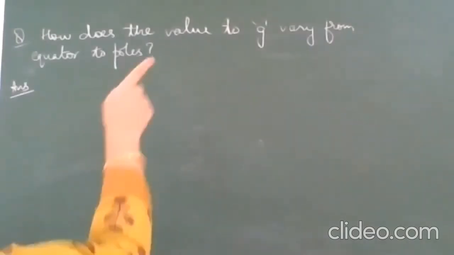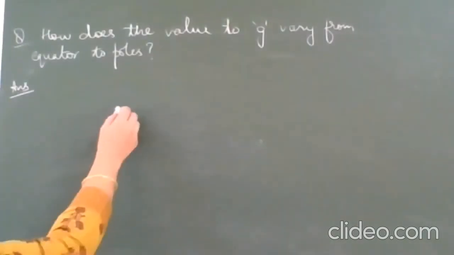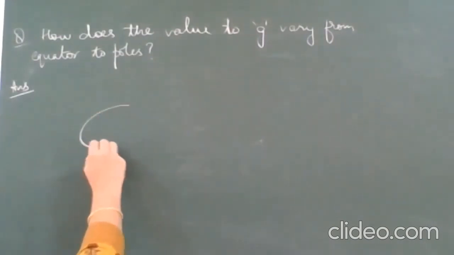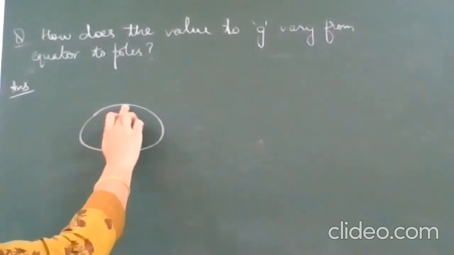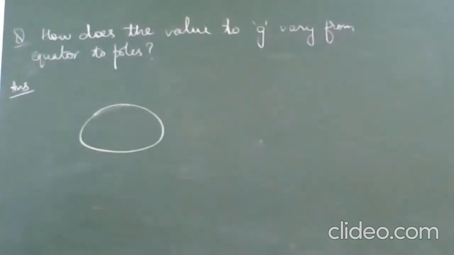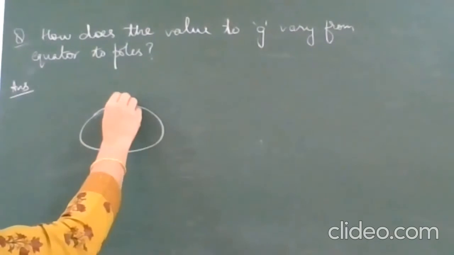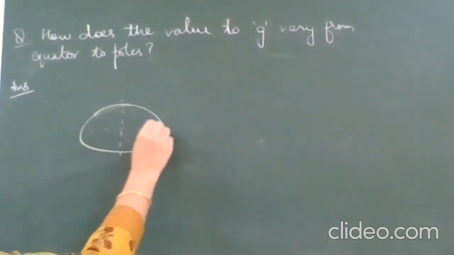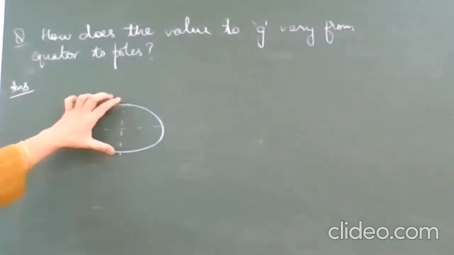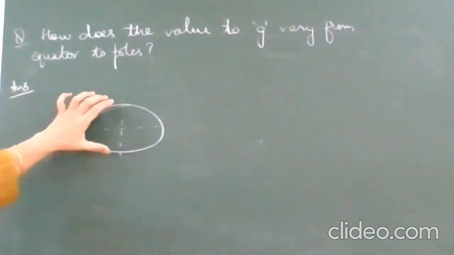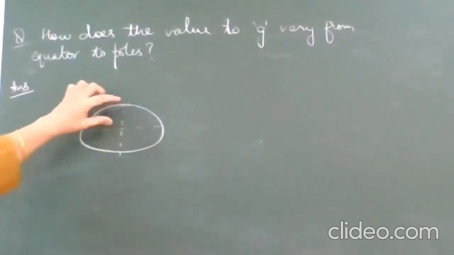Okay, so how does the value of g vary from equator to poles? Remember, the shape of the Earth is not a perfect sphere. It's flattened near the poles. If these are the axes, you can see that near the poles, the Earth is a bit flattened. Hence, the radius of the Earth is not constant.